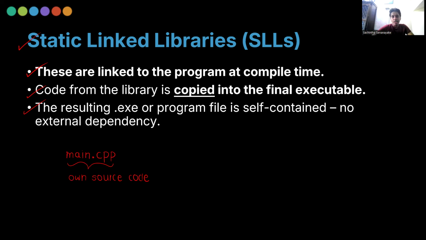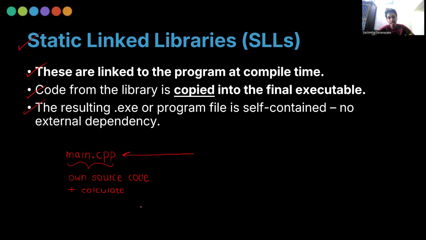And frankly, to calculate the tax, you haven't implemented a function or procedure by yourself. You are borrowing a function or procedure that someone else has implemented in a different static link library. So let's say that in your main.cpp program, you are using a function called calculate tax.